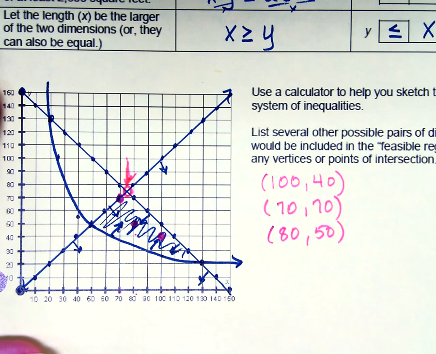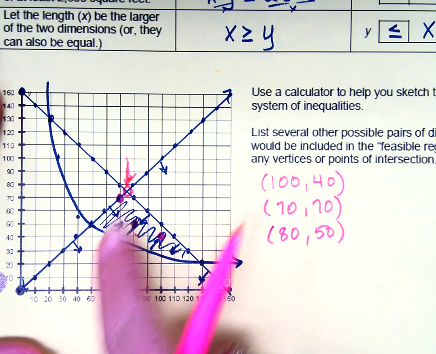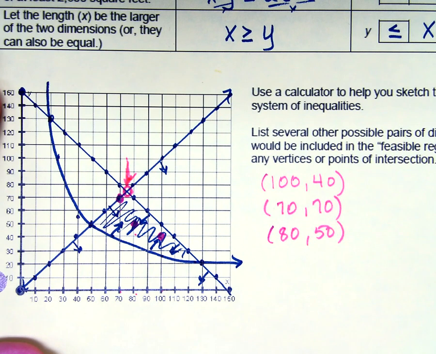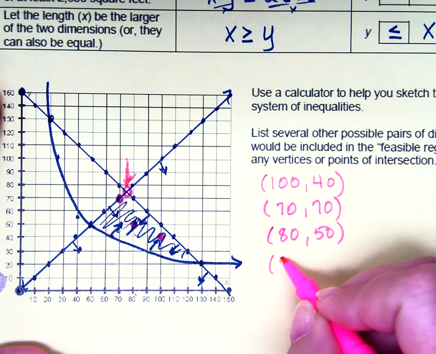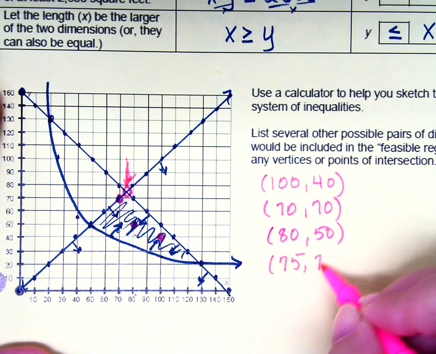That's what I want to know. Can we tell by looking at our graph? We can't really, can we? Okay. I mean, we maybe can probably guess. If you had to guess, what would you guess it was? 75, 75? How could we make sure that that's really where it was? Yeah, calculator, right? Point of intersection. Would you do that really quick and tell me if you agree with the fact that it's 75, 75?